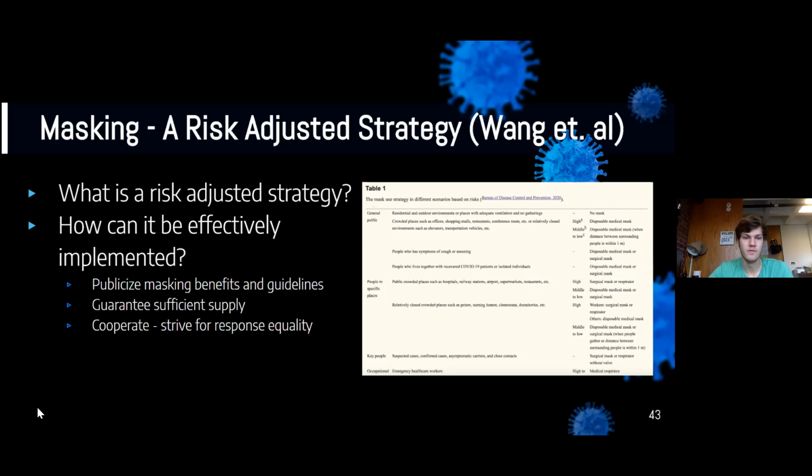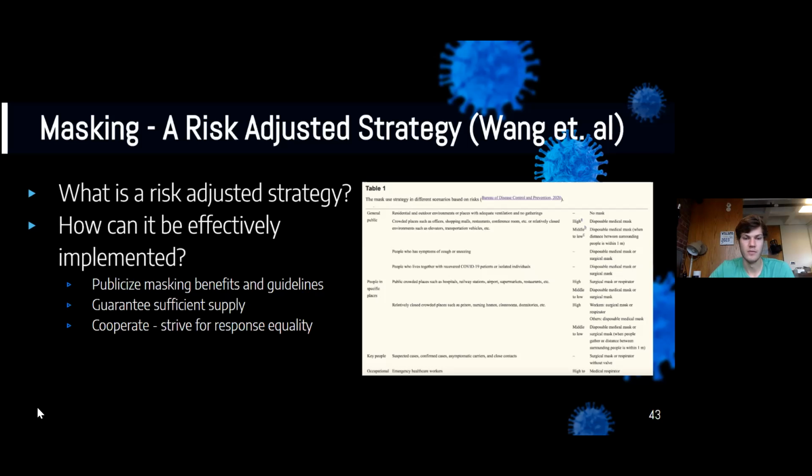But in order for it to be effectively implemented, there really needs to be public guidelines and benefits of masking of specific types of masks, which, especially in the US, isn't really super widespread in terms of the public's acceptance of these guidelines, which is definitely a hurdle.